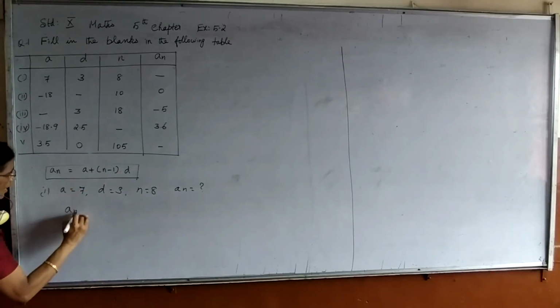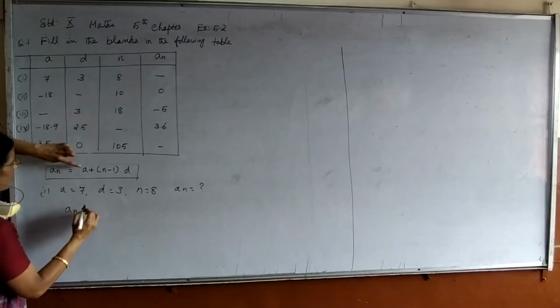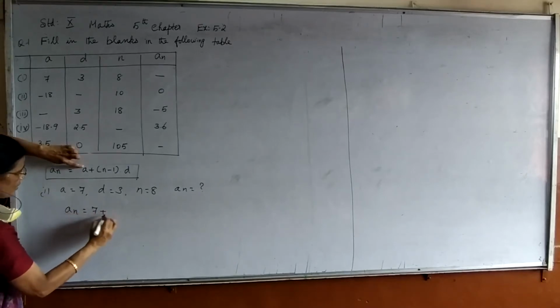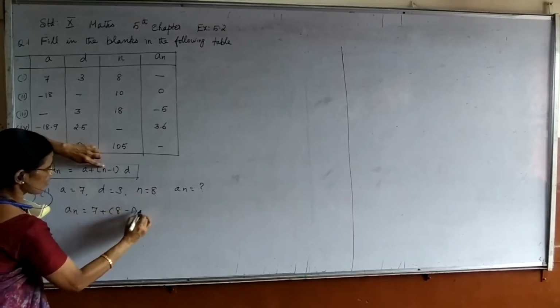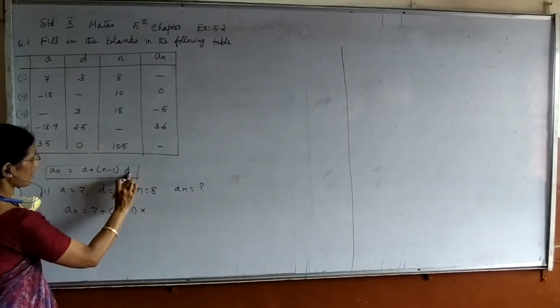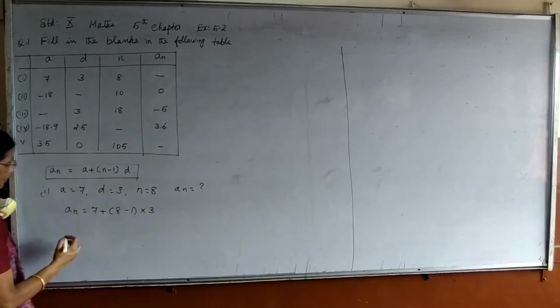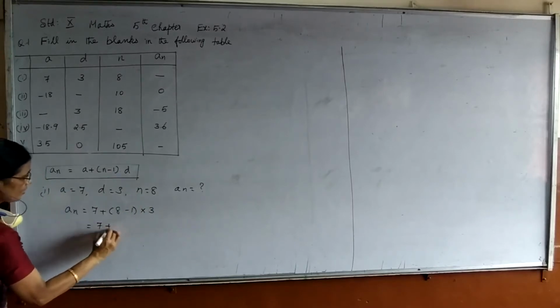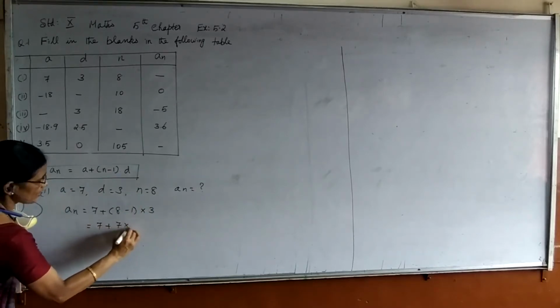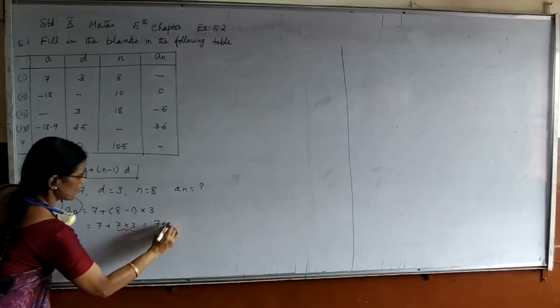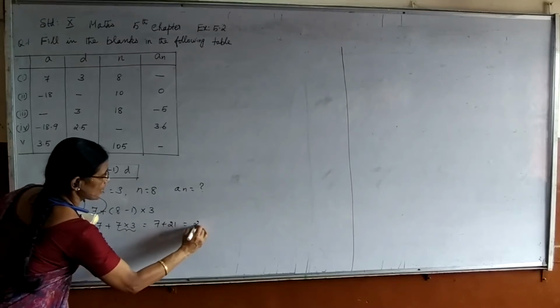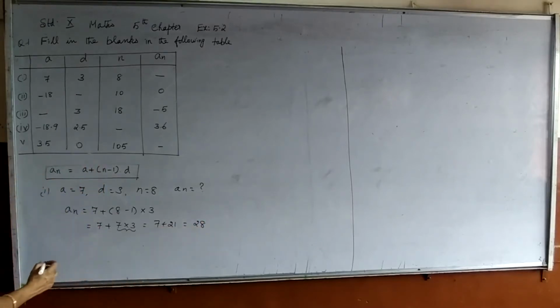So An equals 7 plus 8 minus 1 multiplied by 3, which is 7 plus 7 into 3. First we should do multiplication. It becomes 7 plus 21, which is equal to 28.